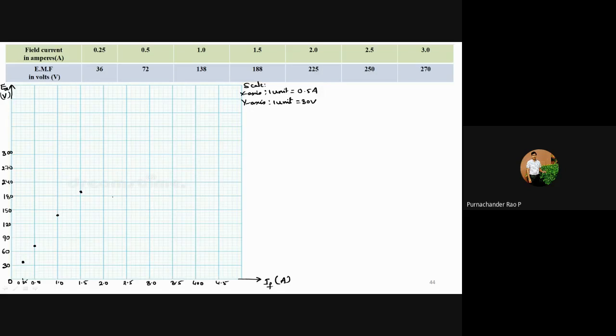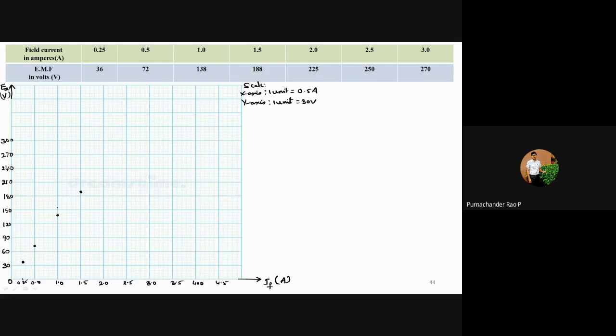And next, at 2, it is 225. So 225 means 180, 210, 240, 270, and 300.